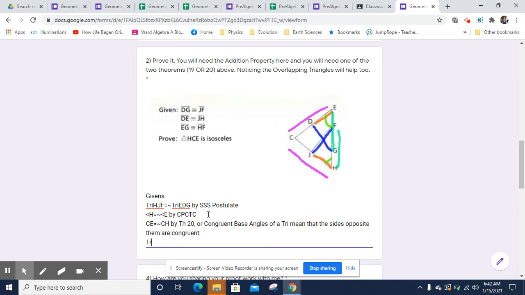And then we can say triangle HCE is isosceles by definition of isosceles, two congruent sides. And there you have it.